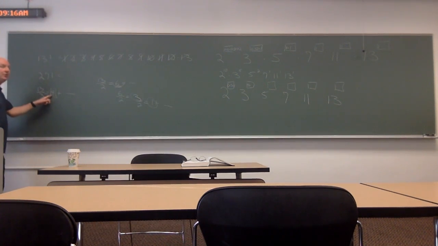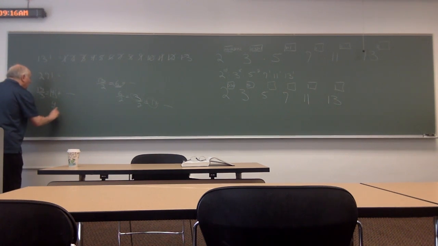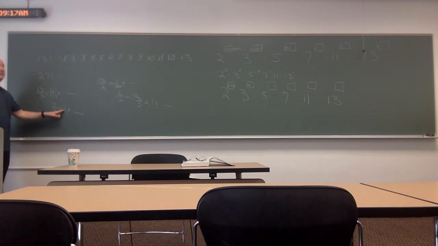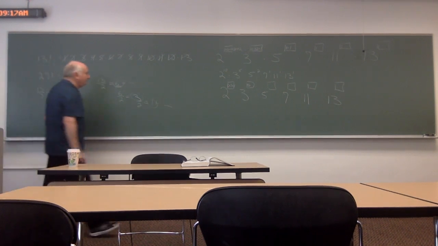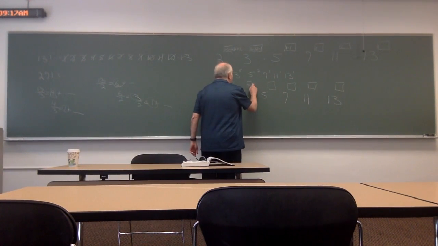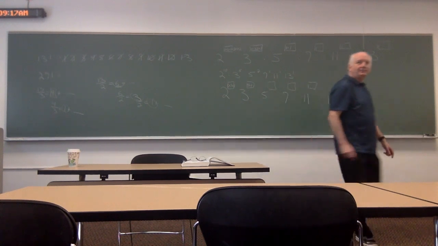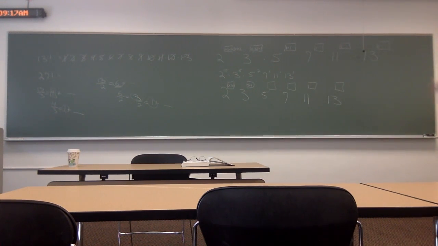But take this number, divide it by, in this case, 3. That means one of these is also a multiple of 9. So that gives you an extra copy of 3. And again, once you're dealing with a number that's less than 3, you don't have to go any further.